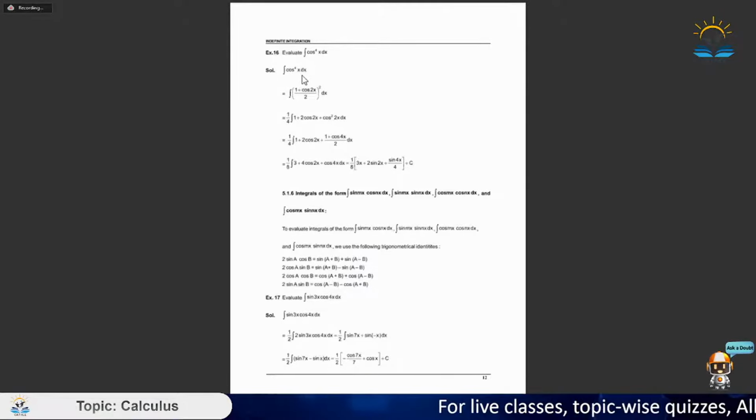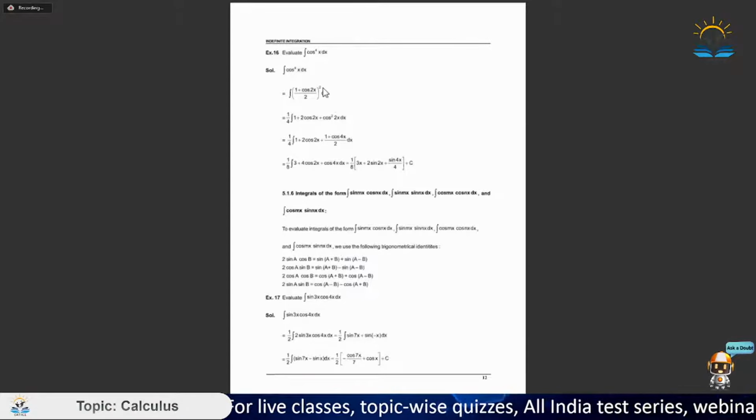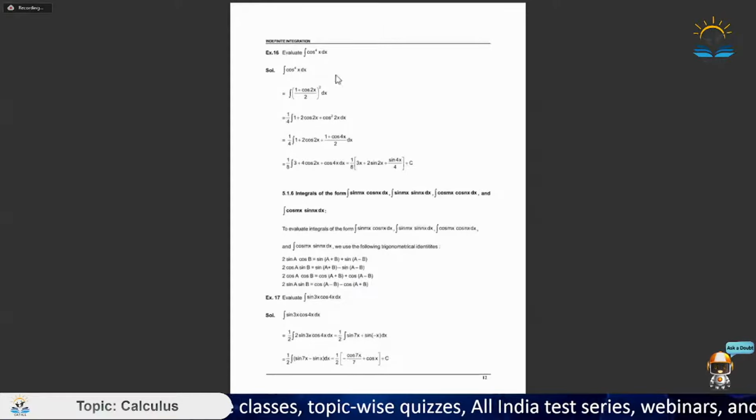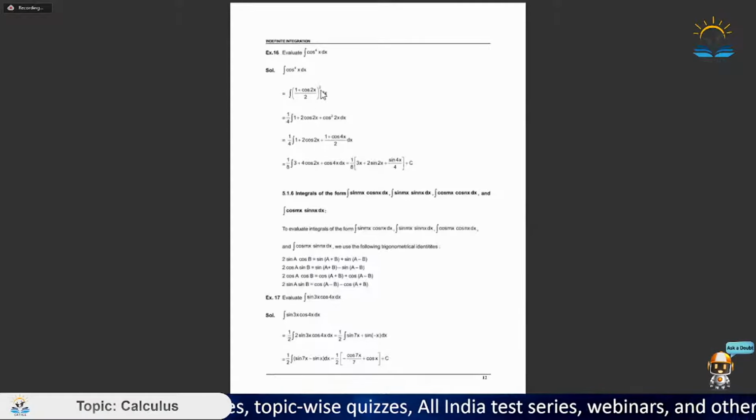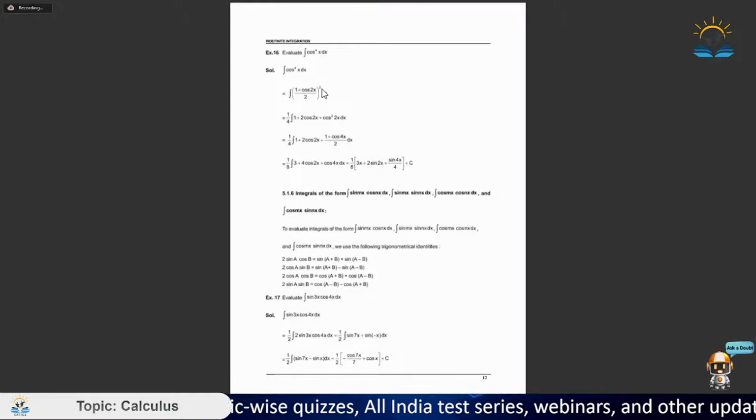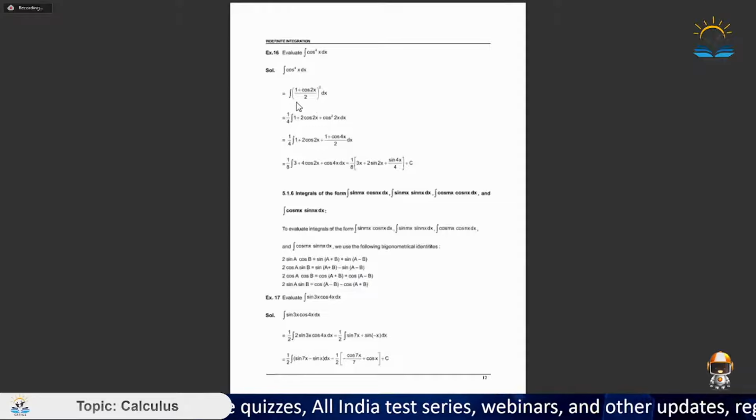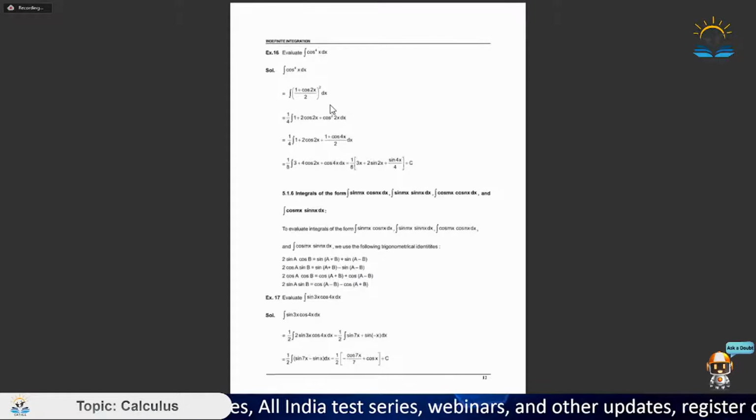Similarly, like what they have done for cos x to the power 4. For cos x to the power 4, they have used cos square x whole to the power 2. So here you can clearly see what they have written.